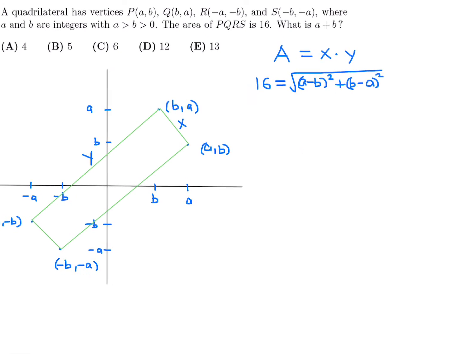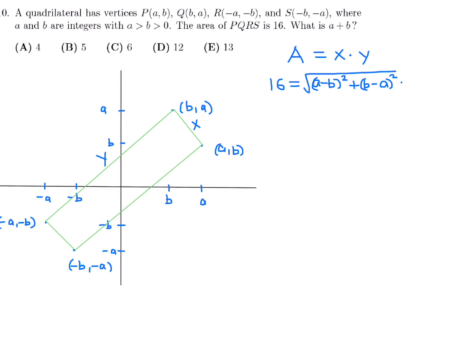And then the y, it would be the same sort of story. Let's see here. b minus negative a, so (b plus a) squared, and then plus a minus negative b, so (a plus b), all squared, and under the square root sign, because we're calculating distances.